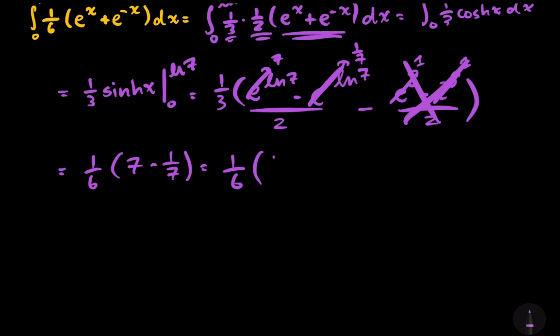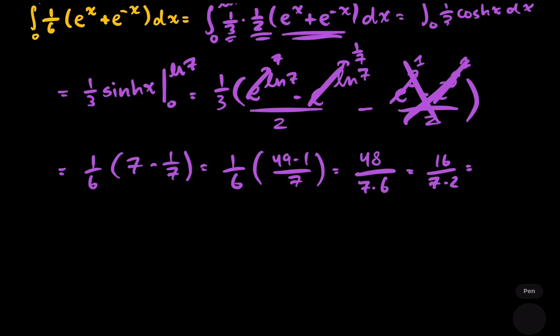That's (49 - 1)/7, which is 48/7, times 1/6. We can simplify that: we would get 16/7 times 1/2, so 16/14, but 16 and 2 cancel out, so we get 8/7 as our final answer.